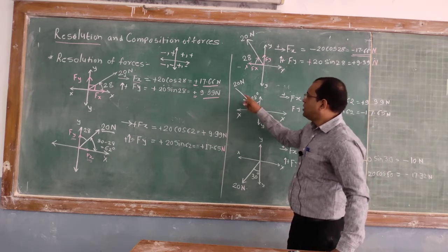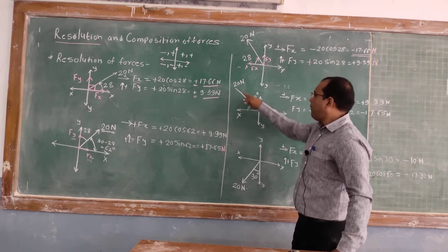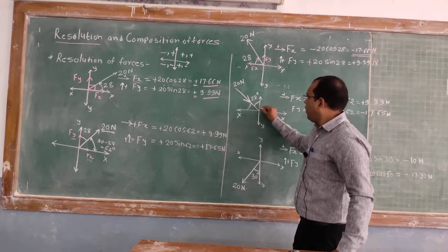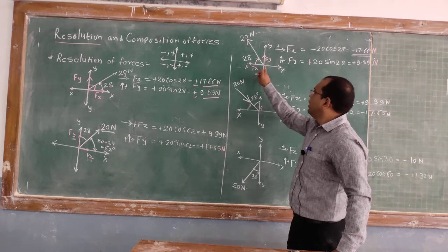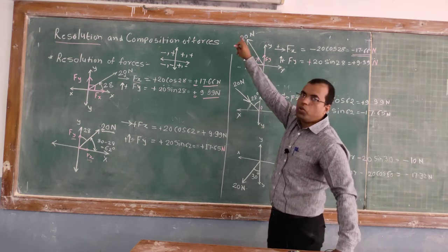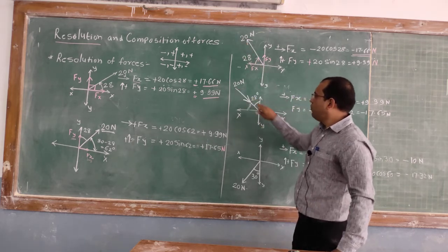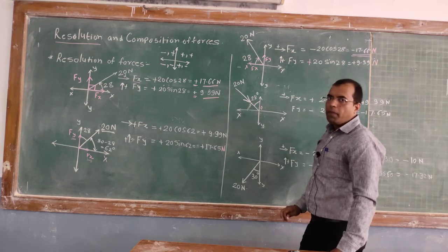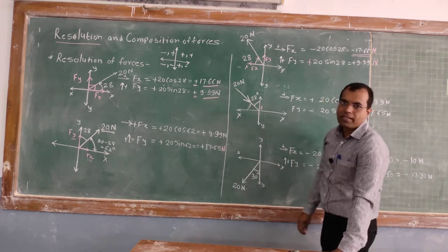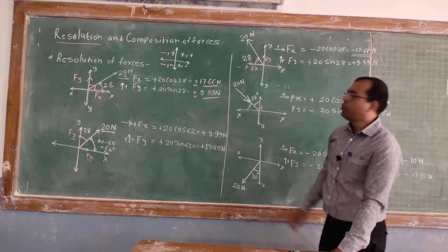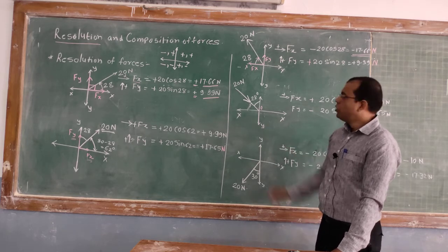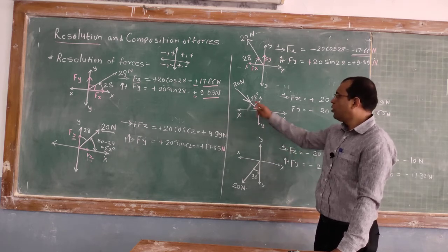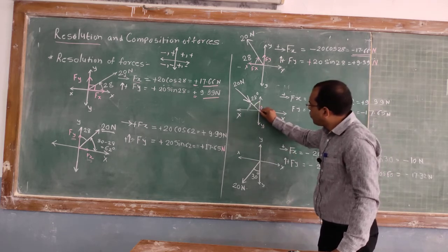Now come to this force. One force is given which appears towards the origin O. In the earlier cases the force was going away from the origin, but in this case the force is coming towards the origin. First you have to understand in which quadrant the force lies. In this case, this force lies in the fourth quadrant.